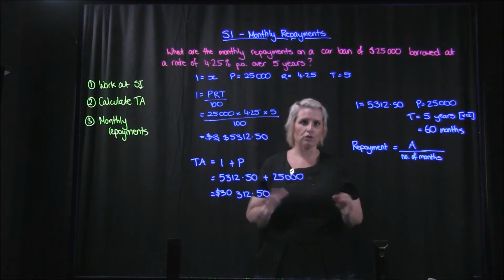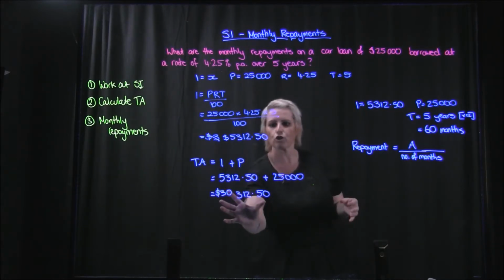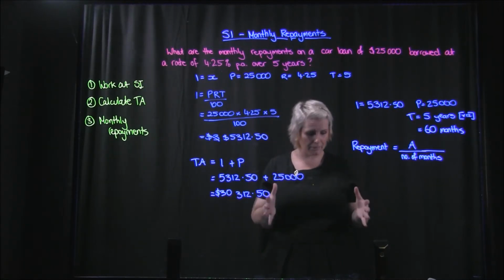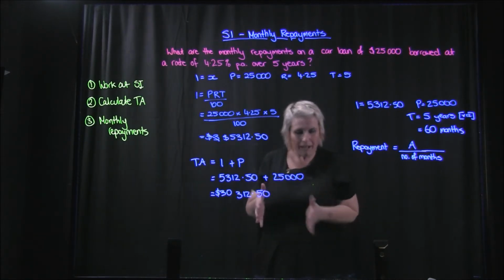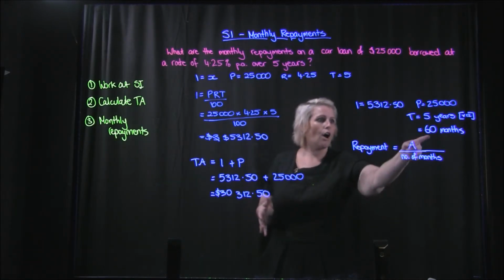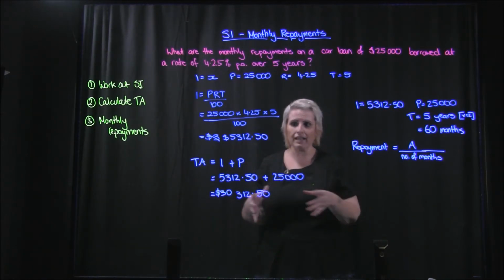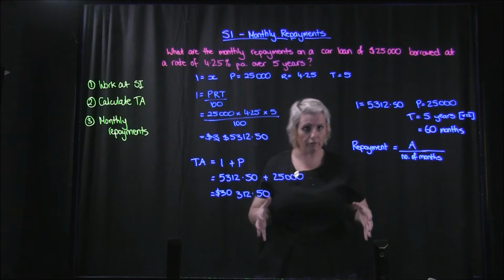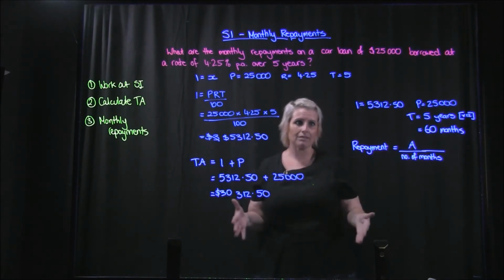And that's the amount of interest because it's just a flat rate for that term. That's how much is going to be added on. So if I look at the total amount of $30,312.50, that's how much I have to pay over this 5 years. If I break that 5 years into even months, I have 60 of them, okay? So if I then have to pay this amount over that time, I'm going to make 60 repayments, aren't I?